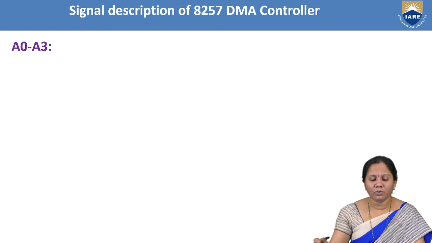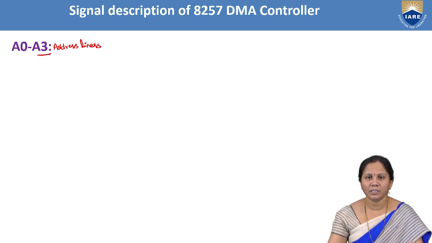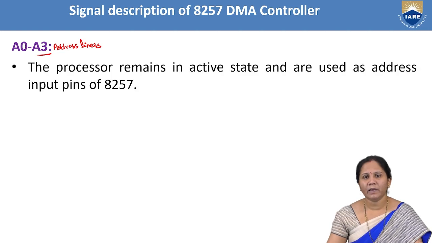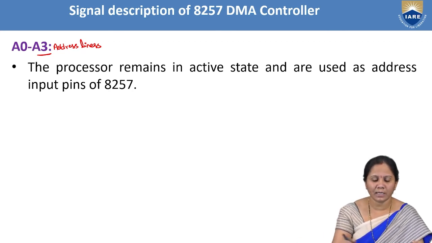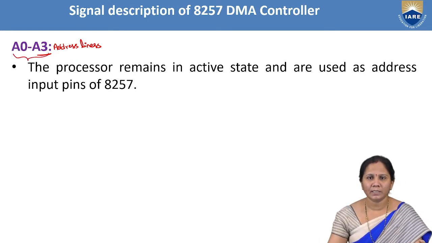And next, A0 to A3 are called address lines. Generally these address lines are used in the register organization of this 8257 DMA controller. Generally we have the address lines from A0 to A7 in this DMA controller. Among those, the A0 to A3 address lines are used to select internal registers like the 16-bit address register or 16-bit counter register.